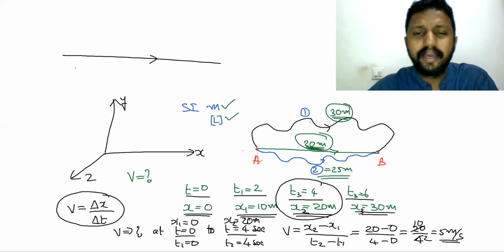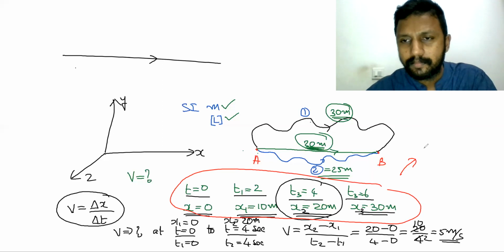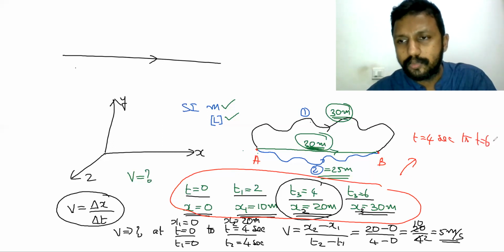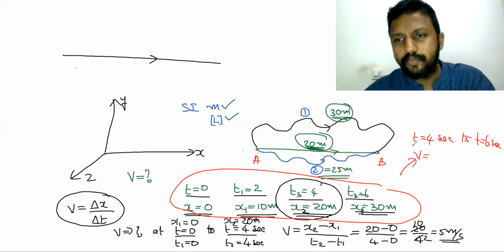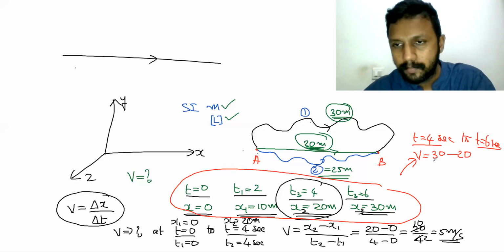Then if I am asking you the velocity from t is equal to 4 seconds to t is equal to 6 seconds, we could say v is equal to x2 minus x1, that is, final position 30 minus initial position 20, divided by final time 6 minus initial time 4.